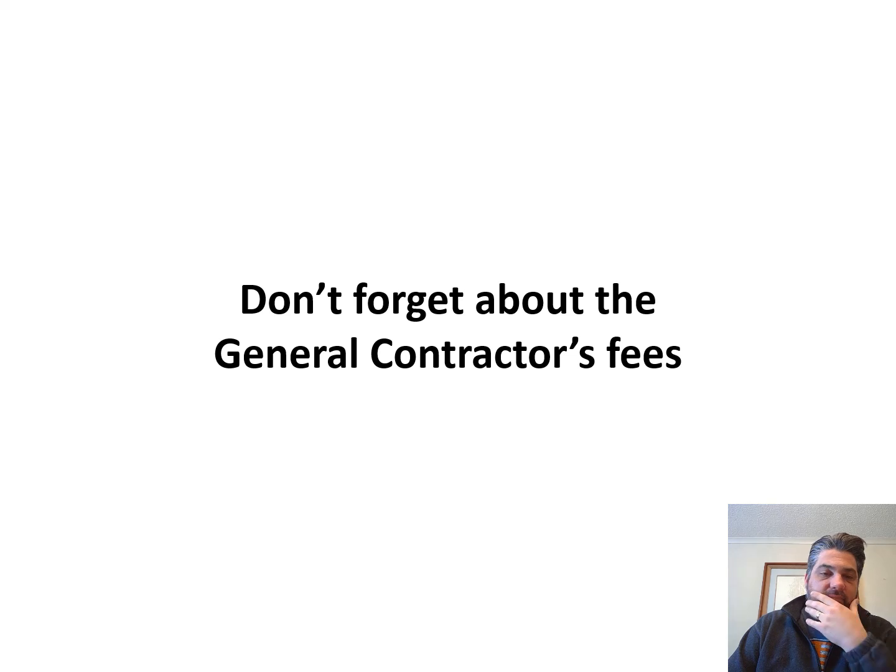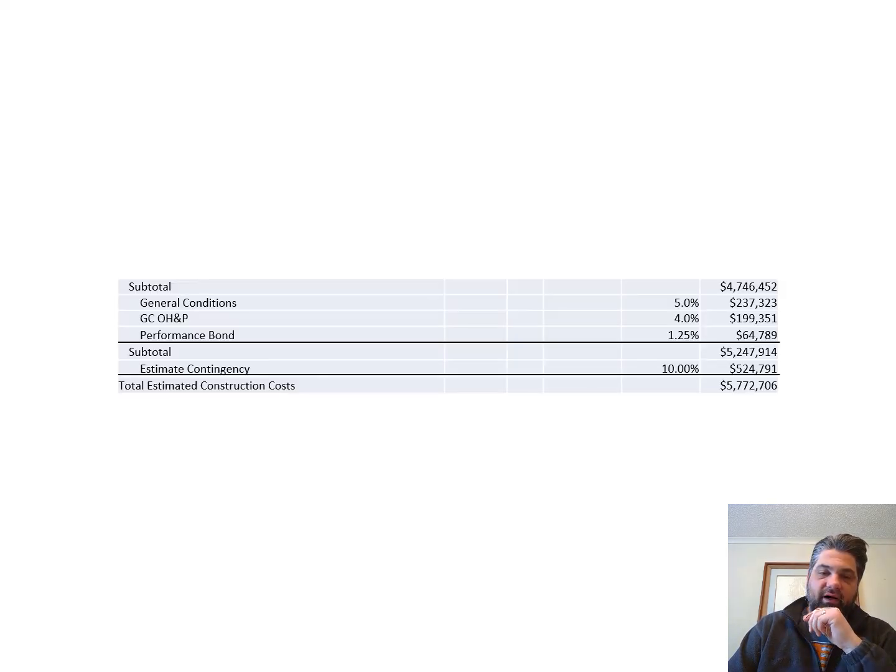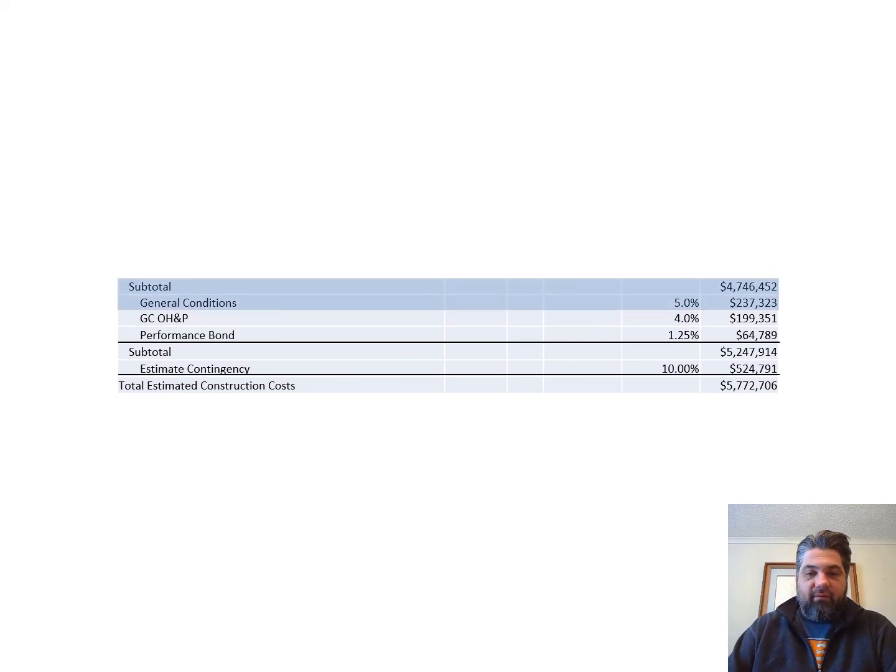And then last but not least, when you're doing construction cost estimates, don't forget about the general contractor's fees. So you have a subtotal for the construction cost, and then typically you'll want to add in costs that are associated with the general conditions of the contract. So these are things like the porta potties on site, the site enclosure fence, the erosion and soil control during construction.